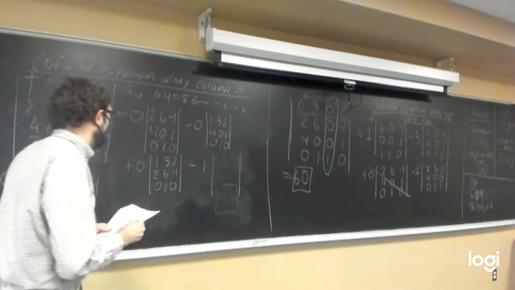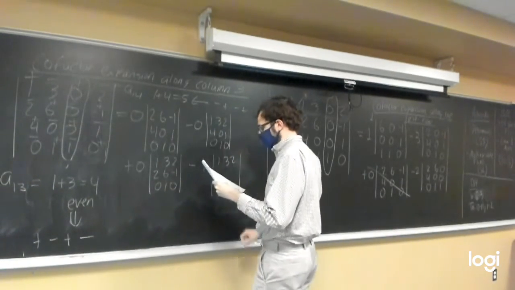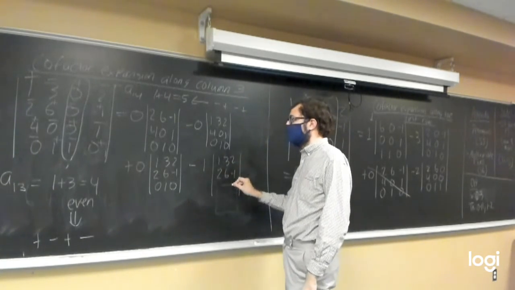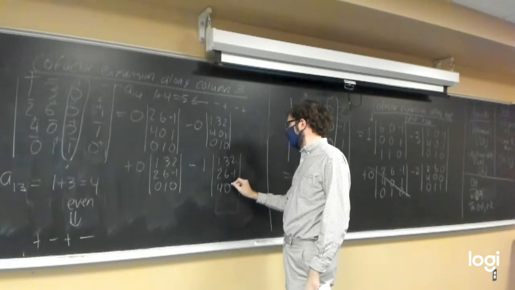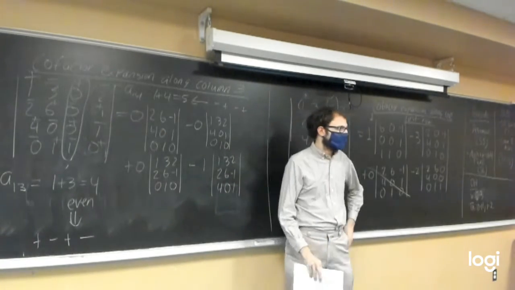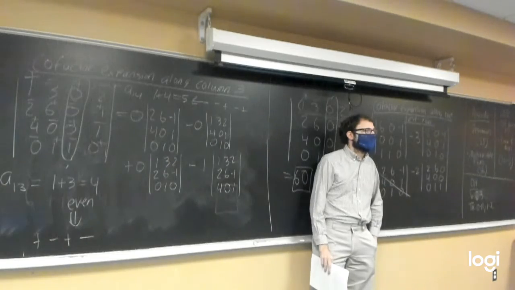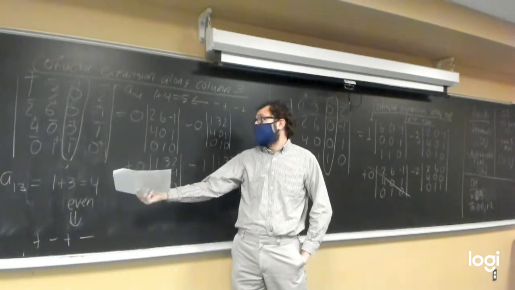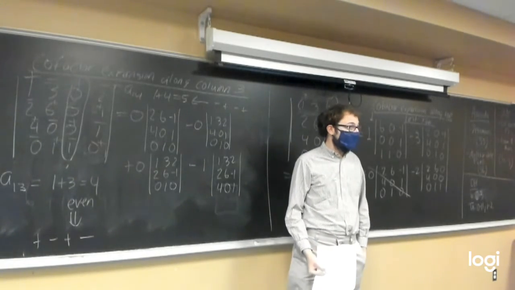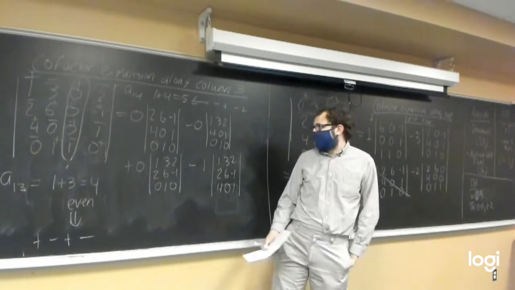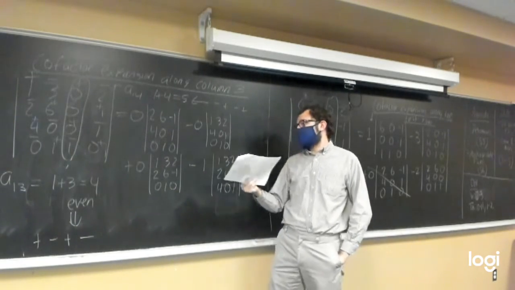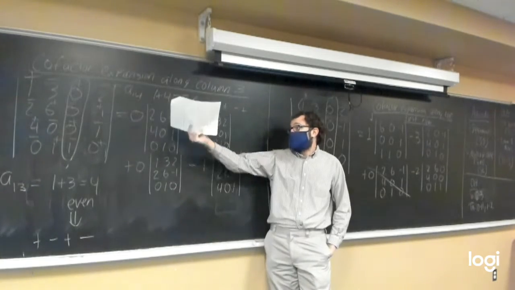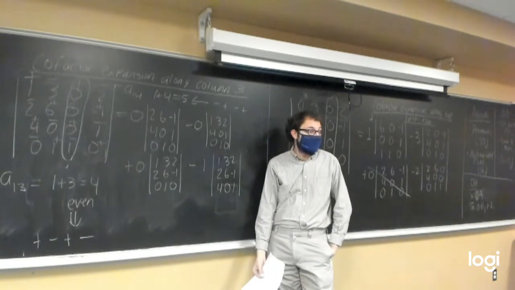So 1, 3, 2, 2, 6, negative 1, 4, 0, 1. So we just expanded along column 3 by doing the same procedure we did across the top row, going plus, alternating sign, plus minus, except this time we removed and took different 3 by 3 determinants than we did the first time.